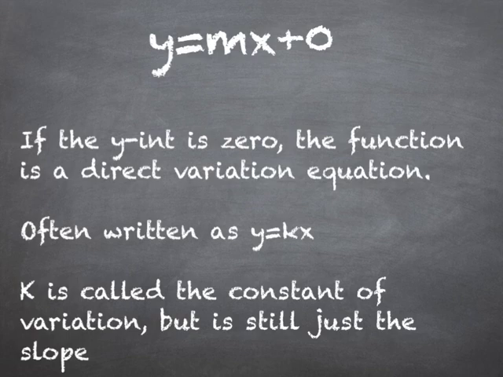Often we will write it as y equals kx instead of y equals mx. K is called our constant of variation, but it's still just like the slope. Don't let all of this mumbo jumbo confuse you. It's still slope-intercept form. The only difference is that it crosses through the y-axis at 0.